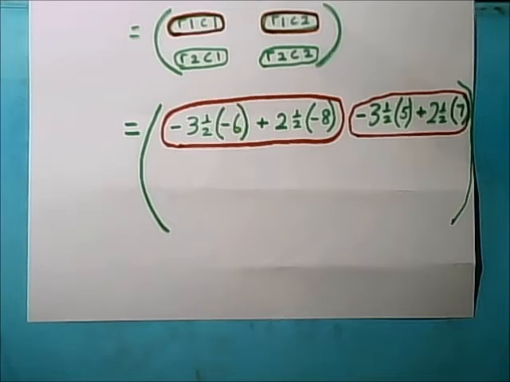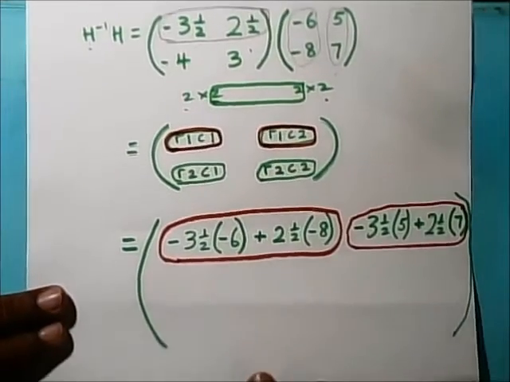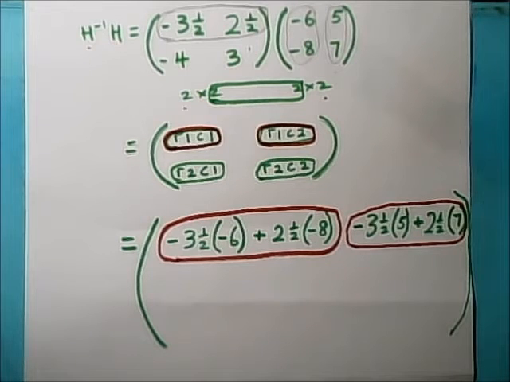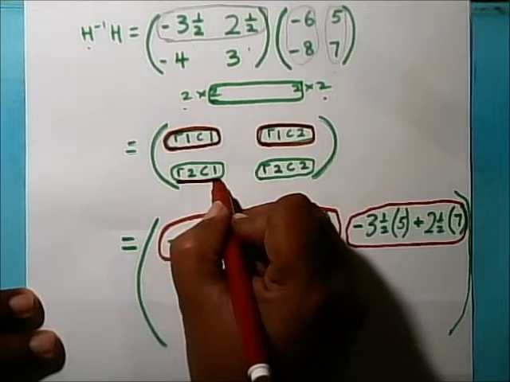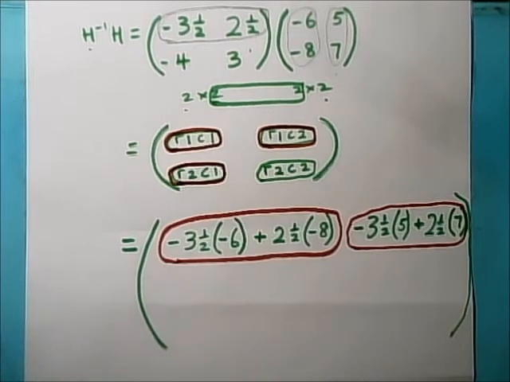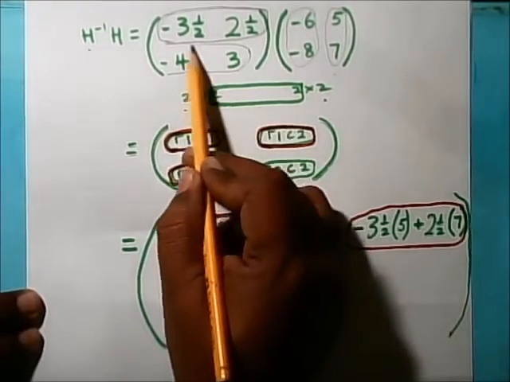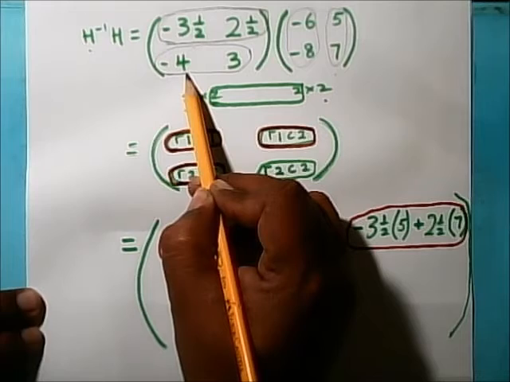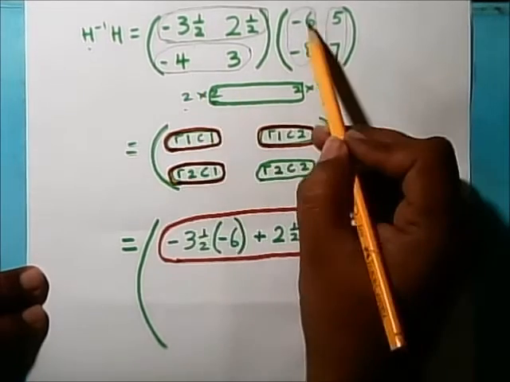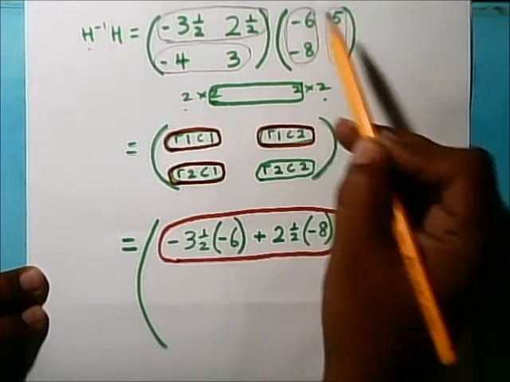Okay, next one. We're looking at row 2 by column 1. Row 2 is the minus 4, 3 multiplied to column 1, which is the minus 6, minus 8.